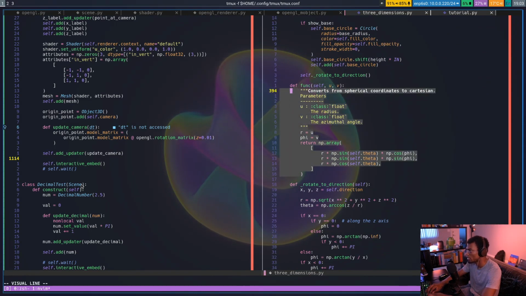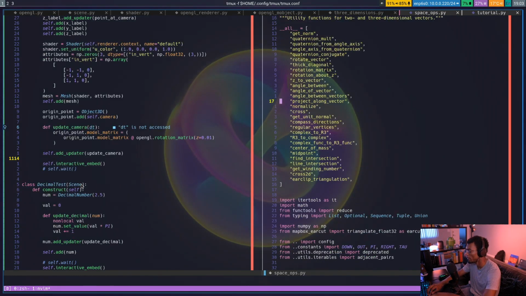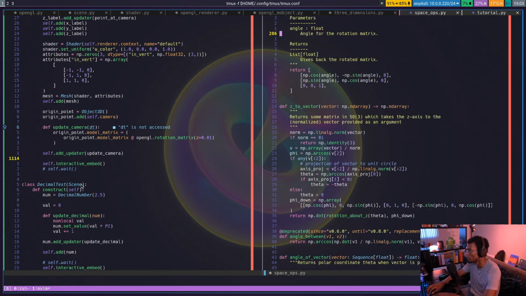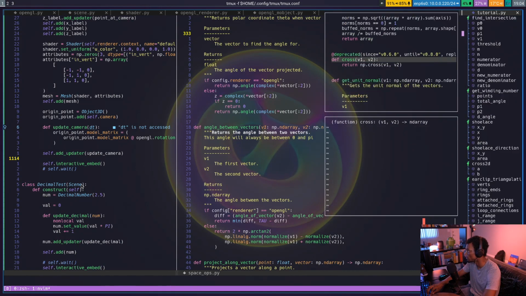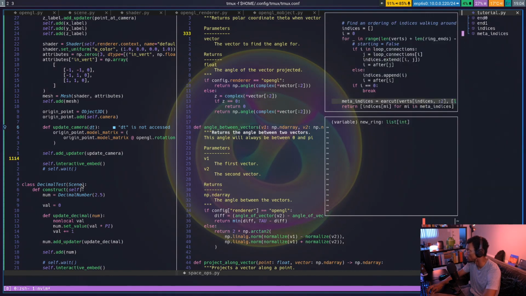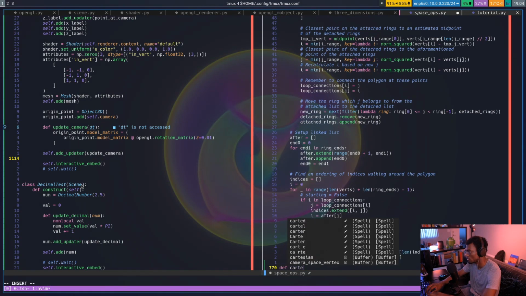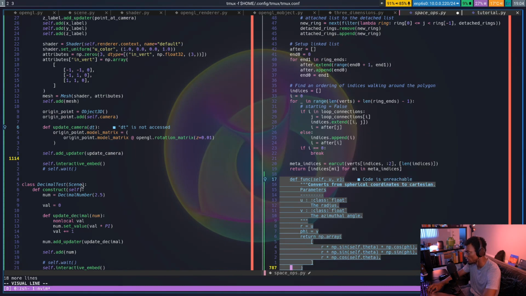Okay, so I'll move this to space ops. Might just call it Cartesian to spherical.